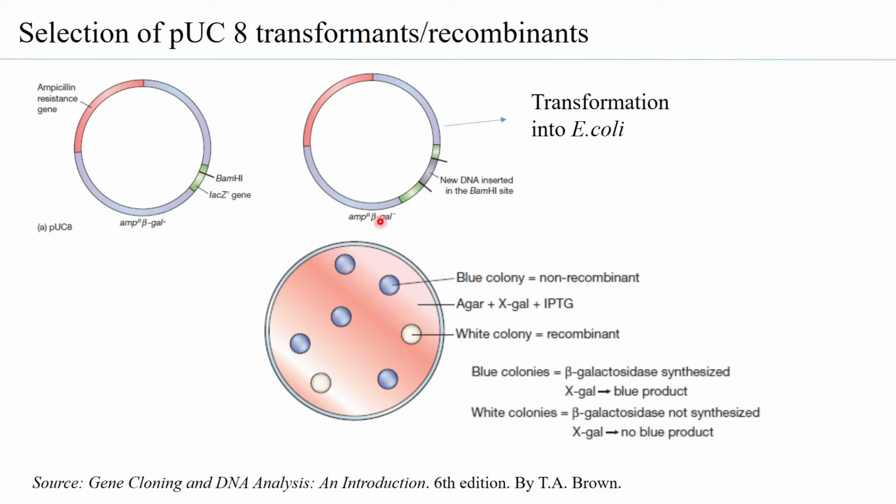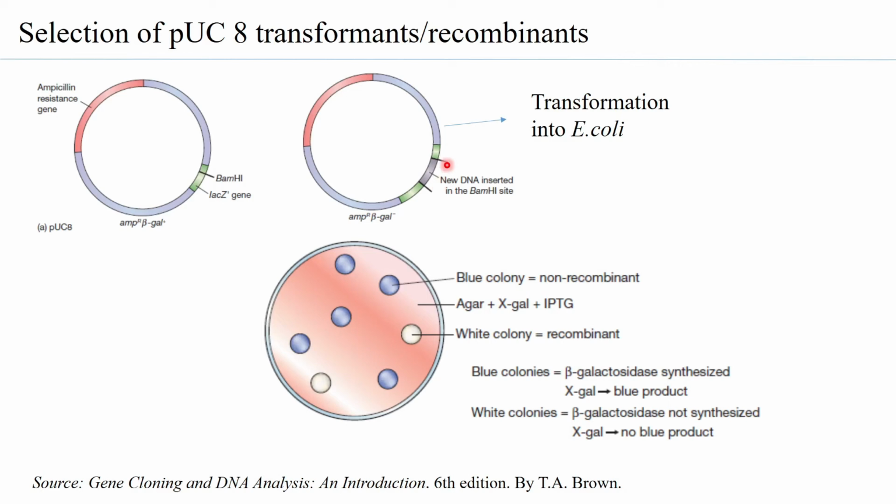However, those E. coli that have taken up the pUC8 with the gene of interest have the lacZ prime inactive because of the insert. So you see what is called insertional inactivation. The lacZ prime will be inactive, and therefore you will not have this lacZ prime product formed.